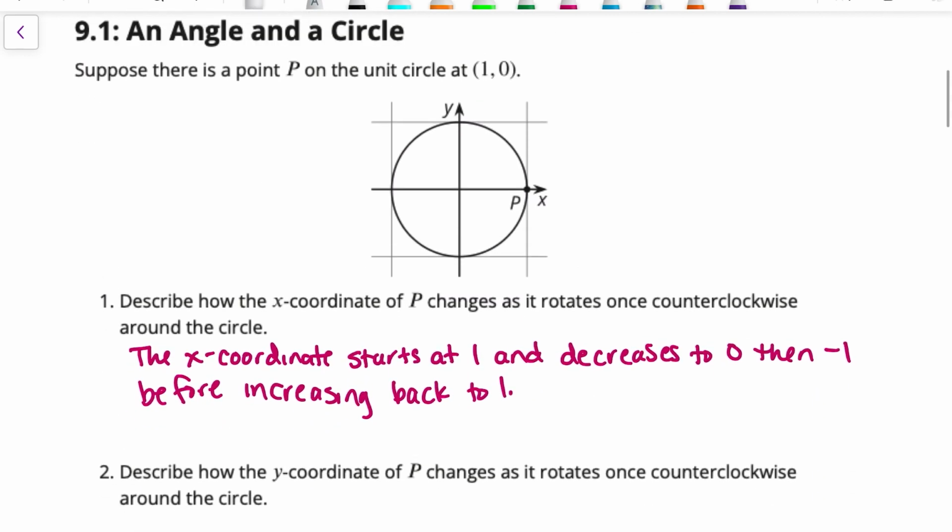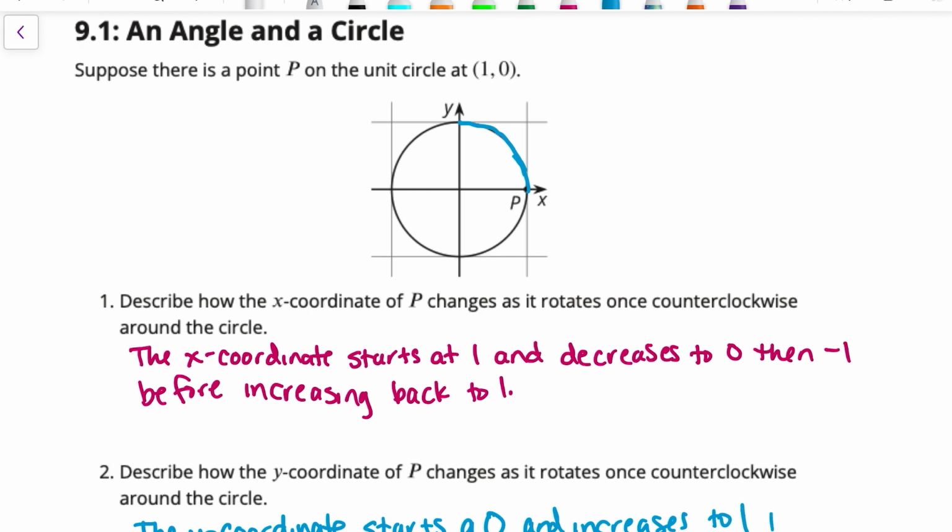Now the y value is going up, right? So the y-coordinate starts at 0 and increases, and it goes up to 1, right?